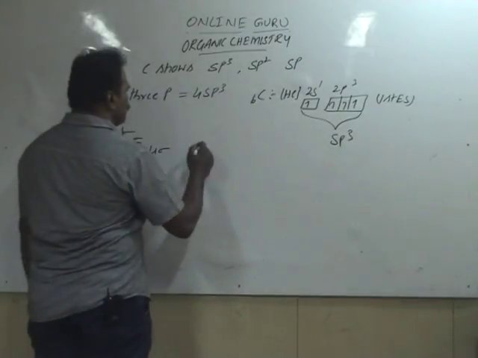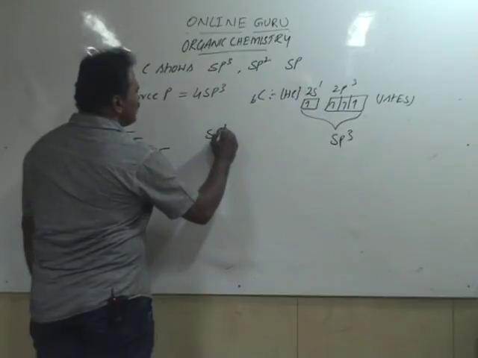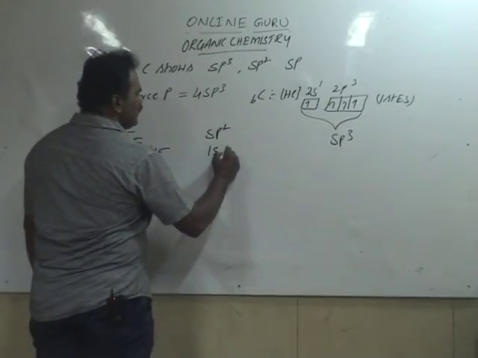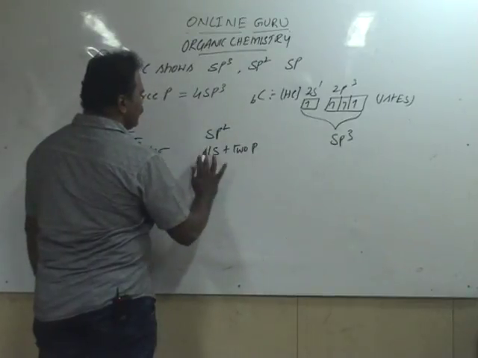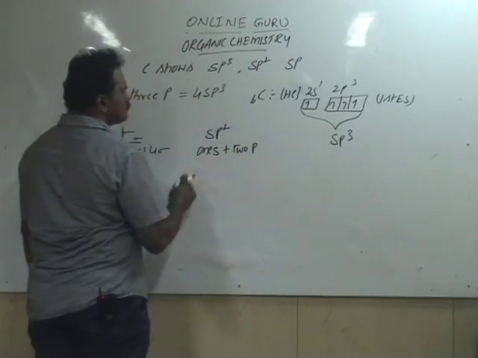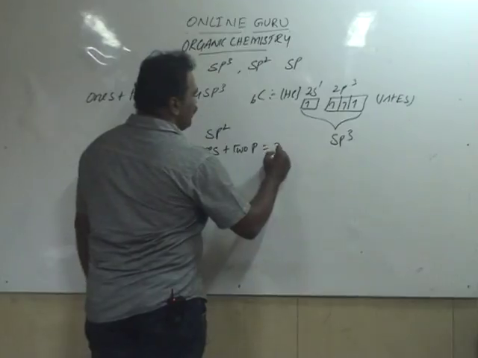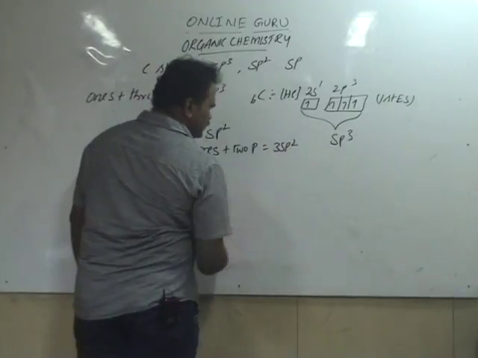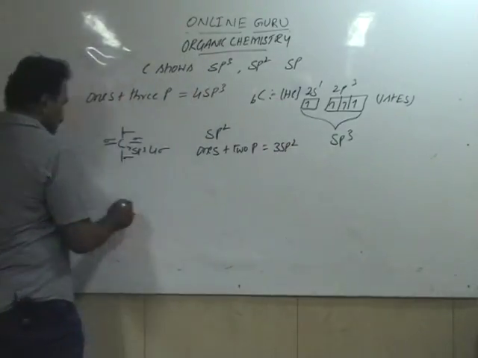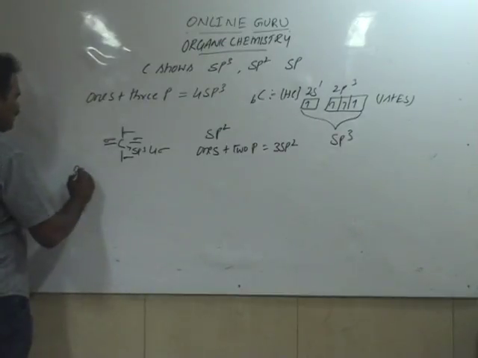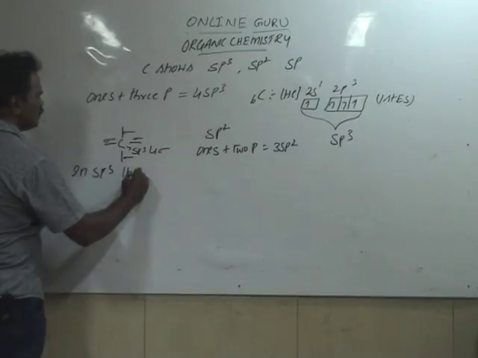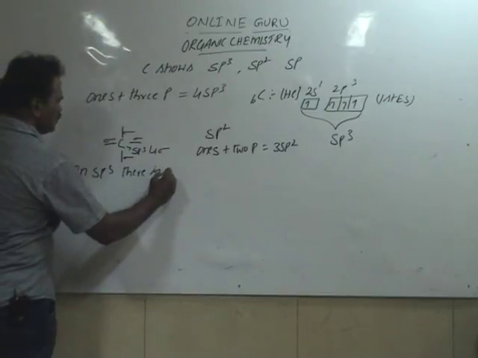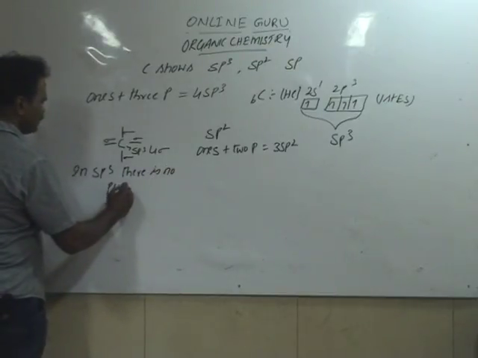Similarly, sp2 hybridization means 1 s orbital plus 2 p orbitals form 3 sp2 hybrid orbitals. So in sp3 hybridization, there is no pure orbital.